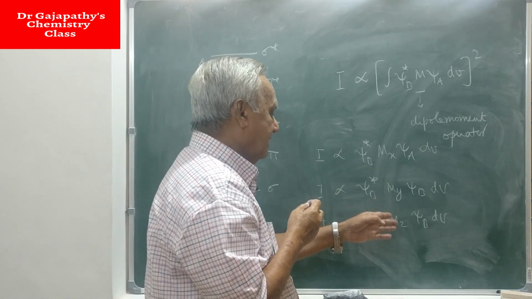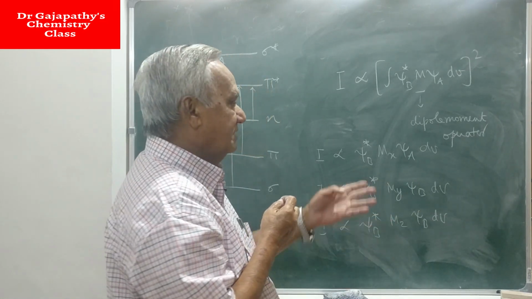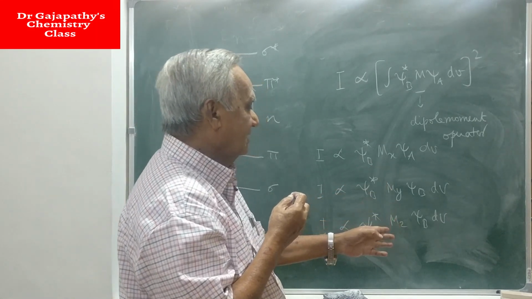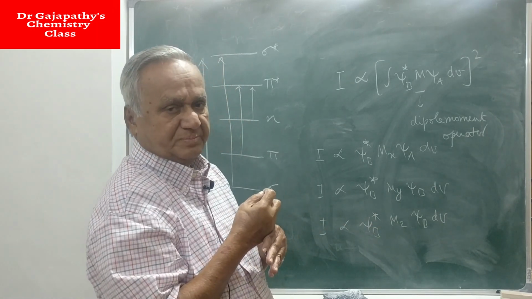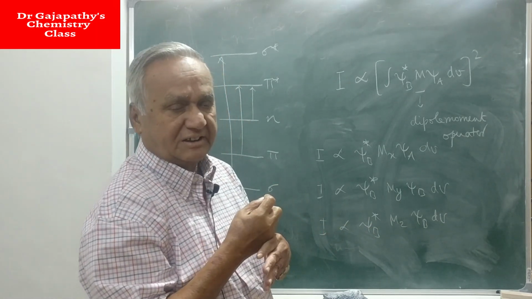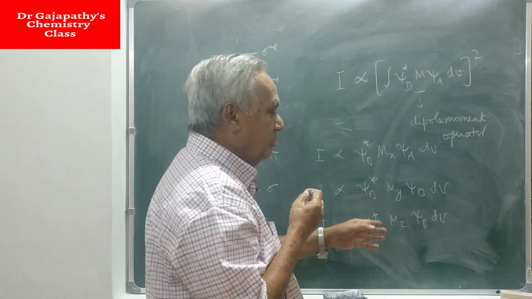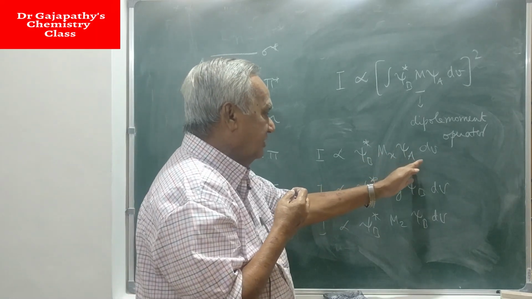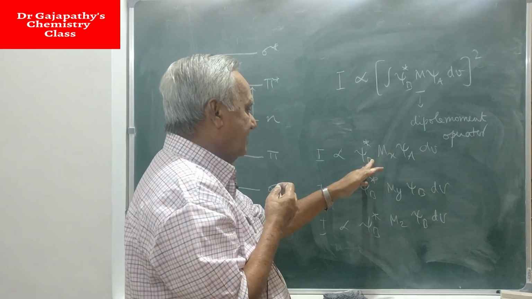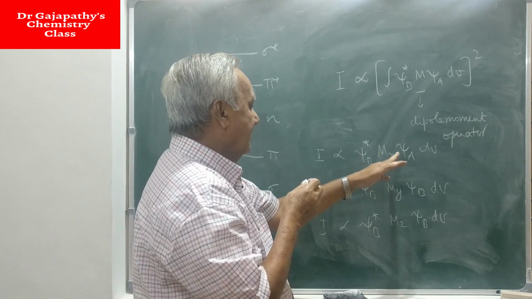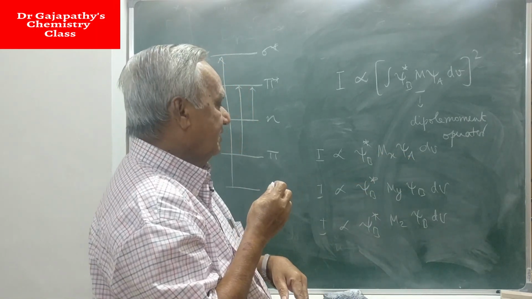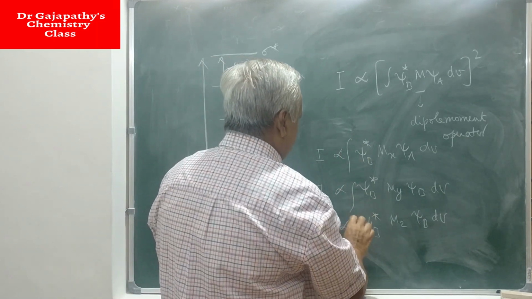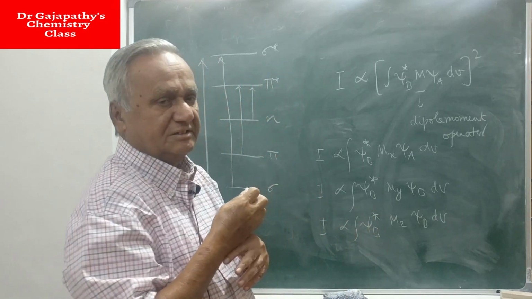What is this mx, my, mz? As I told you, it is a dipole moment operator along the x-axis, y-axis and the z-axis. For any one of them to be non-zero, if you multiply the symmetry of the ground state, symmetry of the excited state, and symmetry of the Cartesian coordinate, if this is equal to A1, then such a transition is an allowed transition.